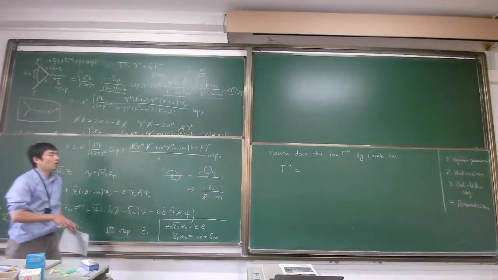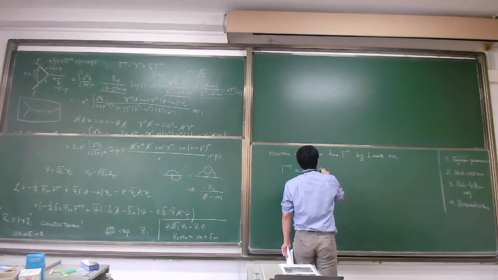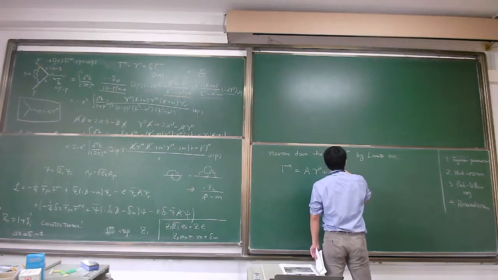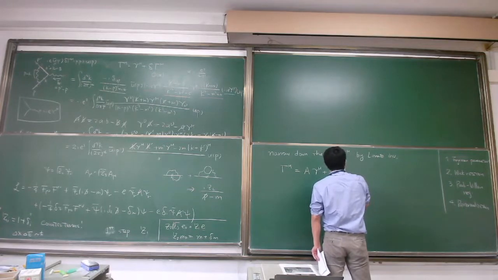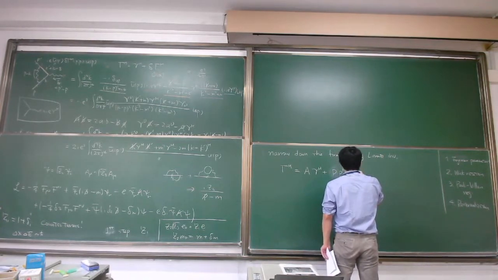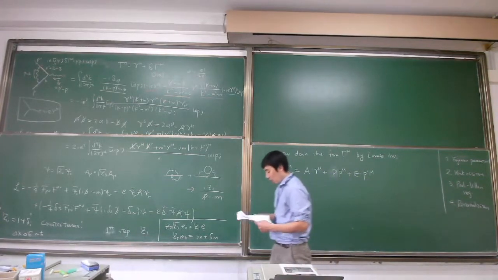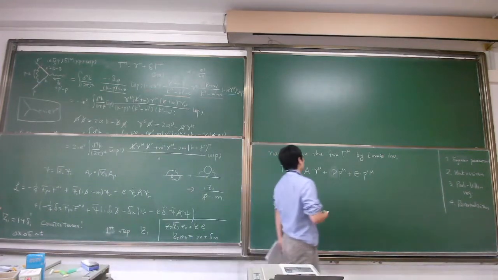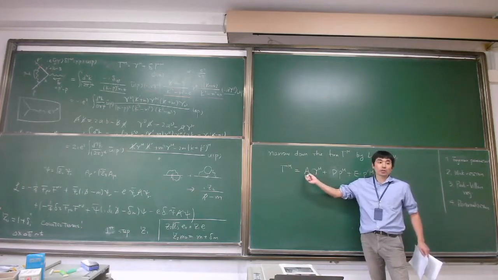Therefore, Lorentz invariance means that it should depend on a function of gamma mu, which is A plus B p mu. Maybe I call it D plus E p prime. So it should depend on p and p prime, and then Lorentz invariance, and also there may be something proportional to some classical, and then some quantum correction will give you some number.